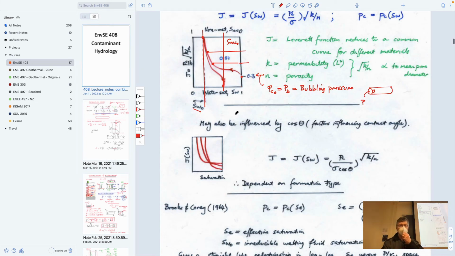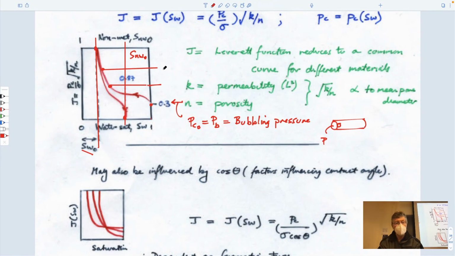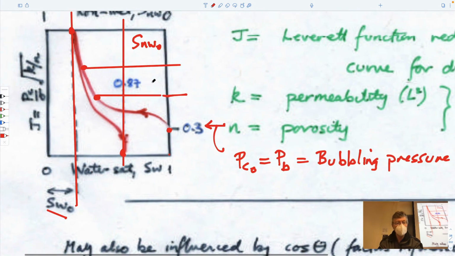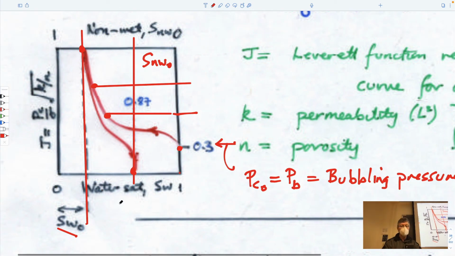And so what we might like to do is figure out exactly what this is. It turns out that we can define this graph not in terms of water saturation, and this was capillary pressure, P sub C equals capillary pressure.